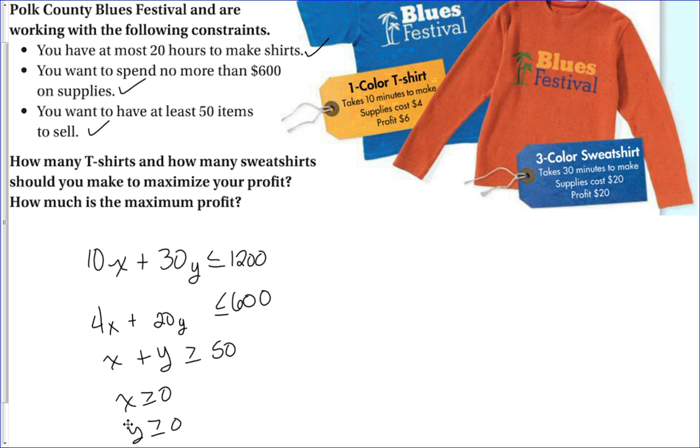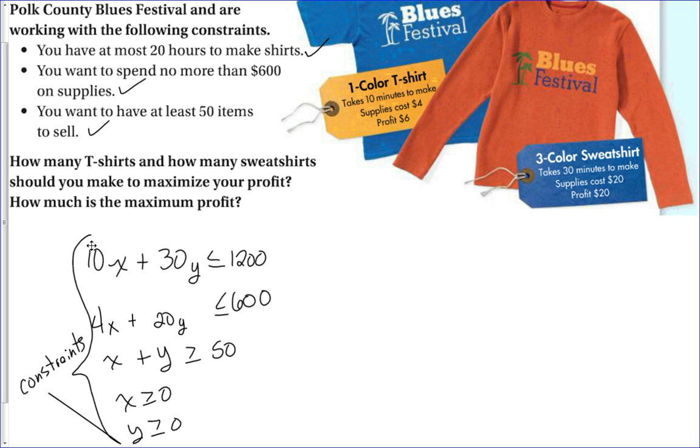We can't have less than 0 sweatshirts. So these here are constraints. All right, these are our constraints.